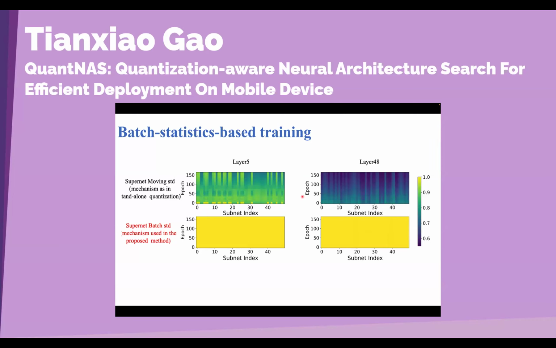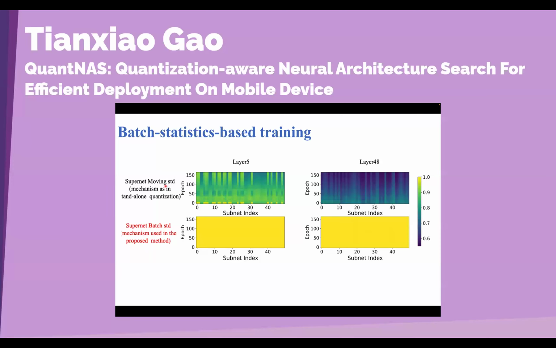Here, we randomly select 50 iterations during SuperNet training and show the similarity between the batch STD of the SuperNet and the moving STD of the sampled subnet. It can be seen that the moving STD of different subnets is much more similar to the batch STD of the SuperNet than to the moving STD of the SuperNet.